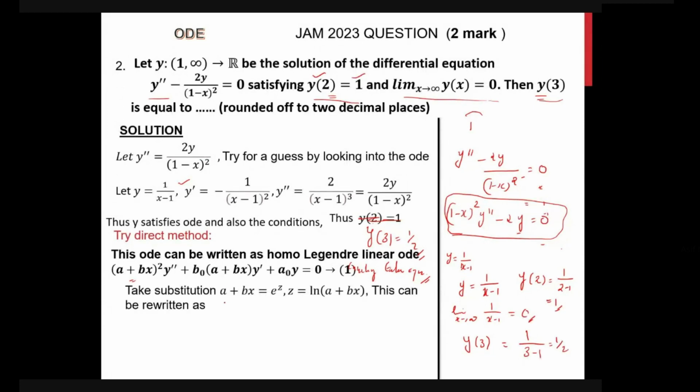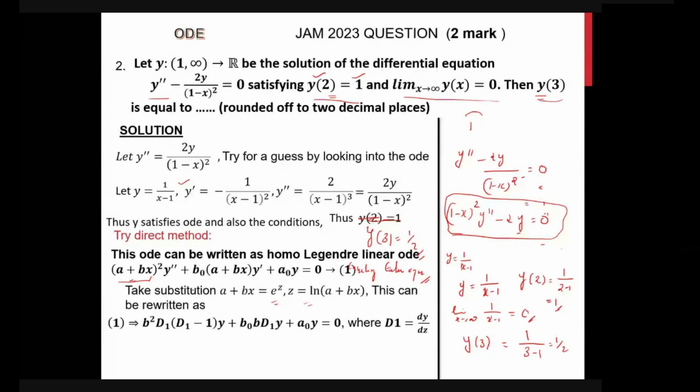Now, there is a method to solve the Legendre equation, and you can solve it by using this substitution: a plus bx equal to e raised to z, then z is equal to log (a plus bx). By substituting this, we can write like this, and D1 is dy by dz.